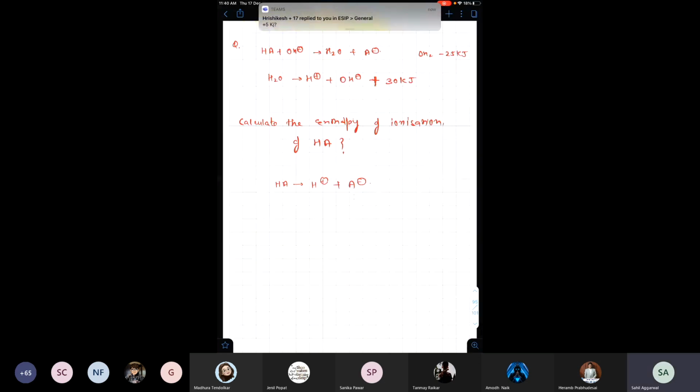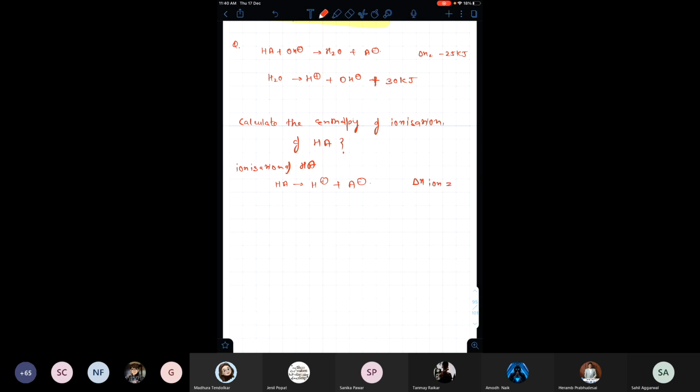This is ionization of Ha. This is what we have to calculate. This reaction we have to prepare.